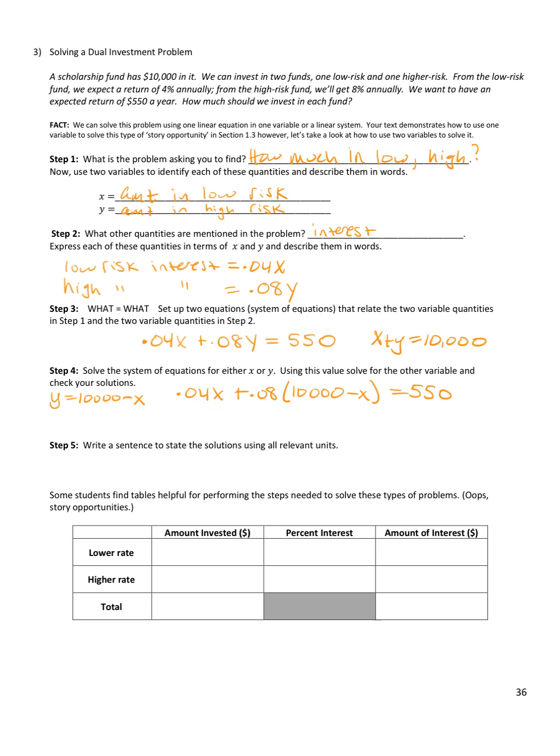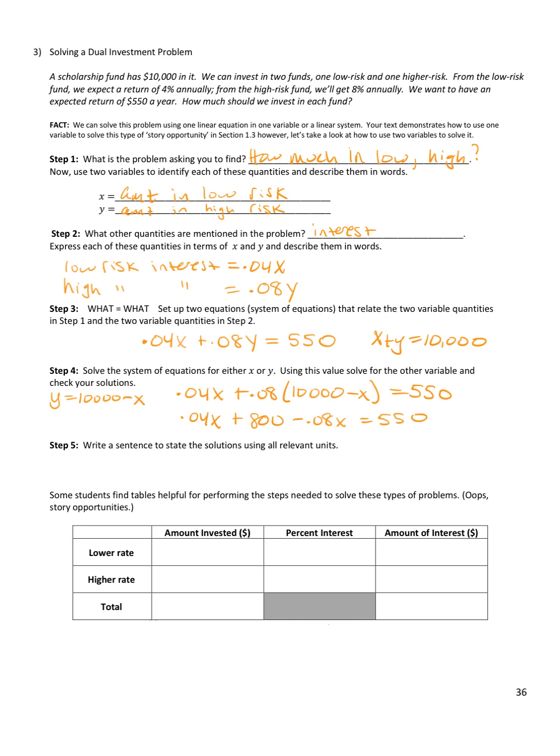So I can solve this. I'll start by distributing the 0.08. So 0.04x plus 0.08 of 10,000 is 800 minus 0.08x equals 550.